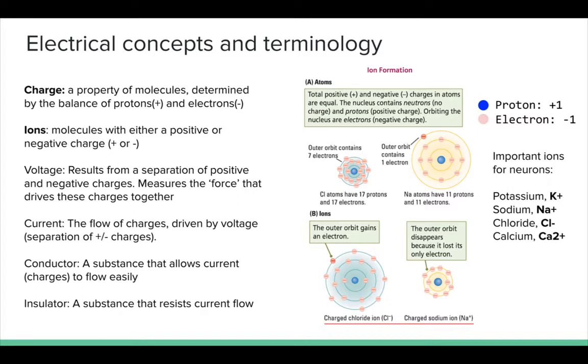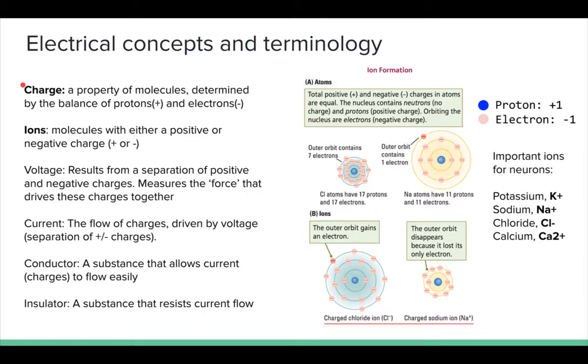All right, so let's start with a few electrical concepts and terminology. Depending on your background, if you've had some fairly robust physics courses, this should all be elementary, a review. But just in case it isn't, I wanted to go over it now. First, we need to talk about the concept of charge and ions. Remember, charge is a fundamental property of matter.